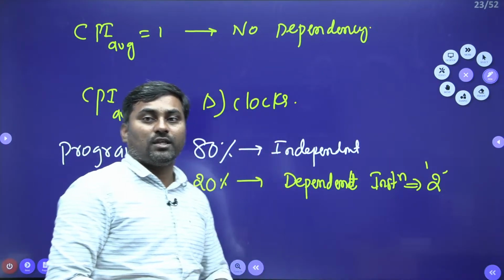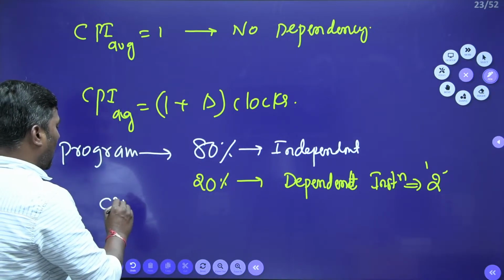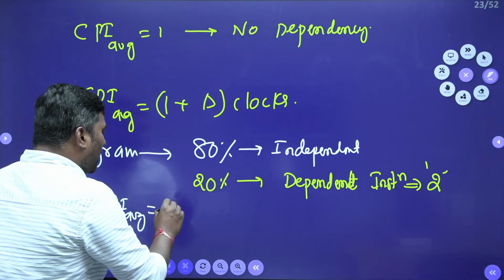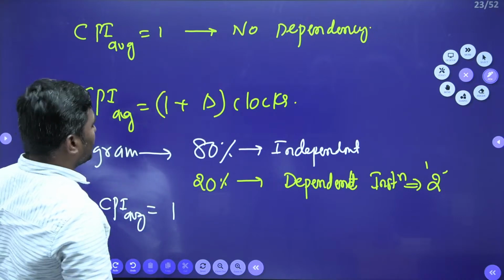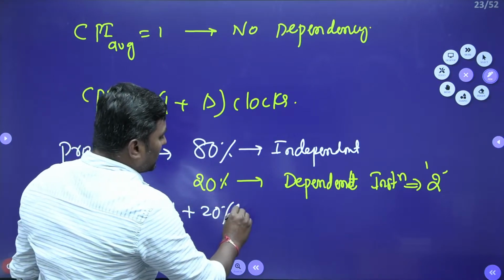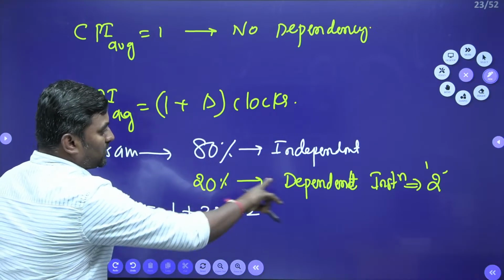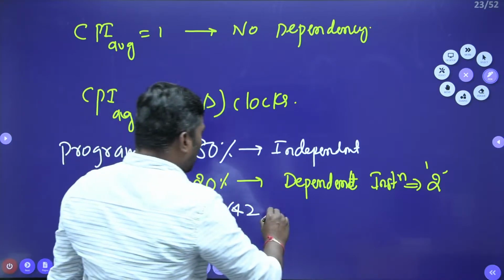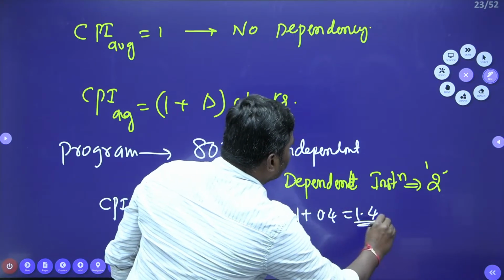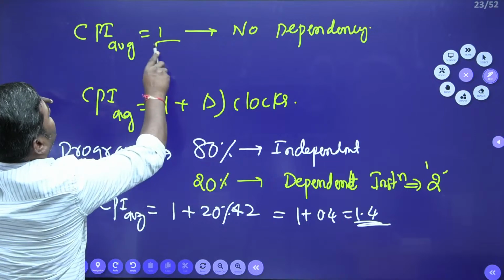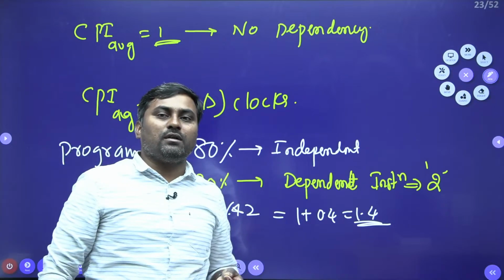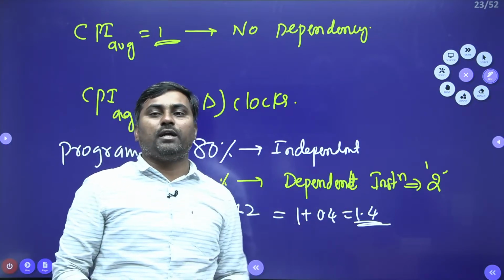How much will the average clock per instruction be? All independent instructions take 1 clock cycle only. Due to the 20% dependency, each incurring 2 extra clock cycles, we get 1 plus 0.4, so 1.4. The average clock per instruction is 1 with no dependency; due to dependency it increased by 0.4, so the average clock per instruction is now 1.4.